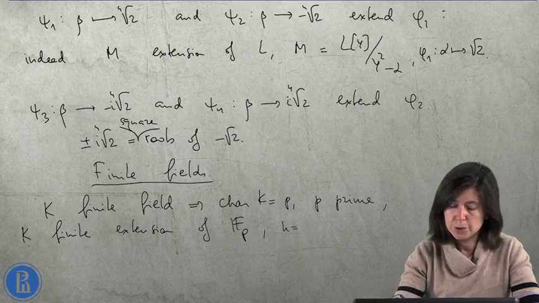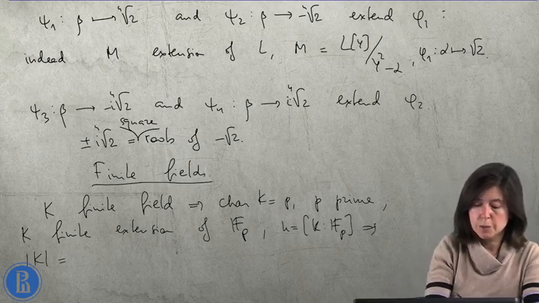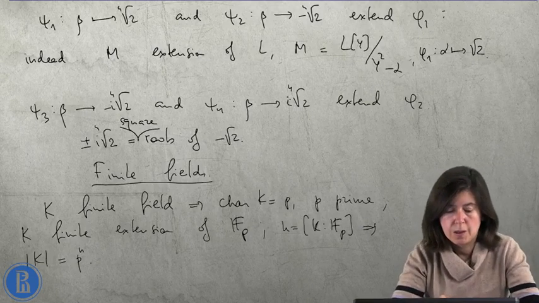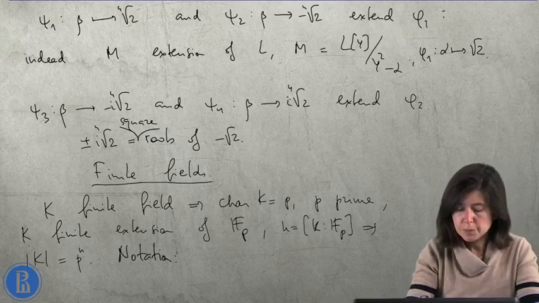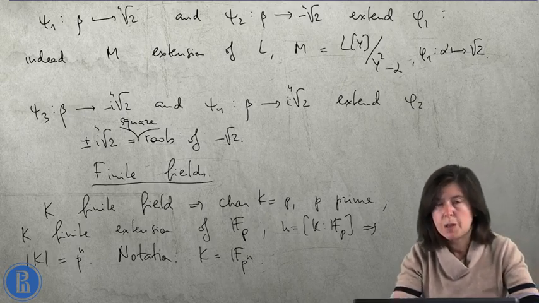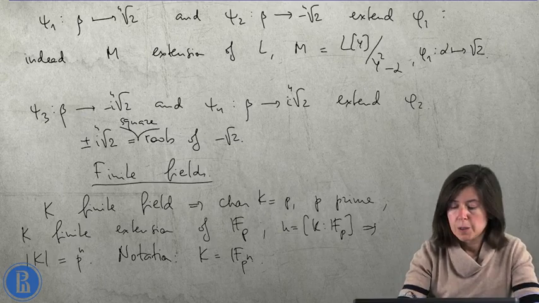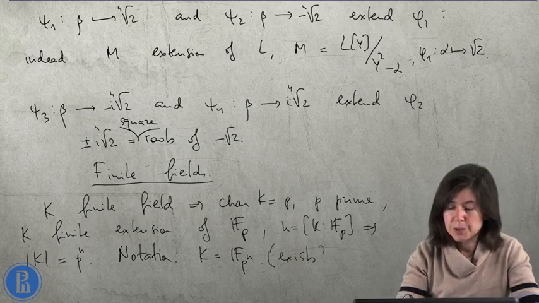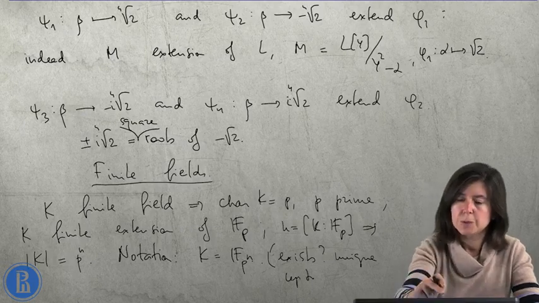If n is the degree of this extension, then the cardinality of K is p to the power n. One often denotes such a K as F p to the power n. So, of course, there are natural questions to ask, namely whether it exists and whether it is unique.